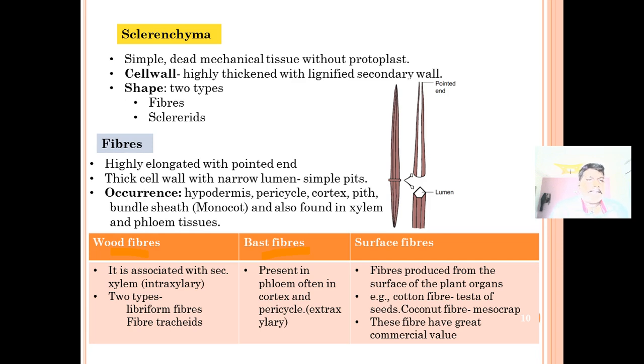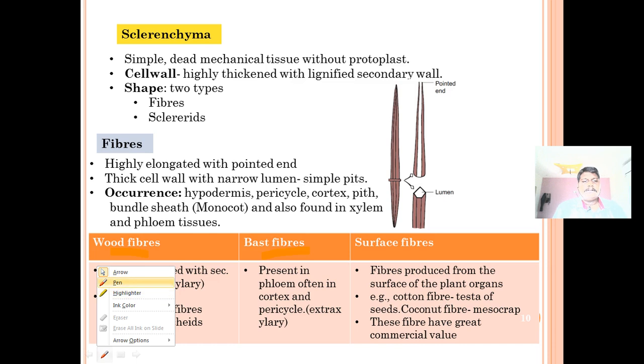Next, sclerenchyma. Sclerenchyma is a simple dead mechanical tissue without protoplast. It gives mechanical strength to the plant. The cell wall is lignified.